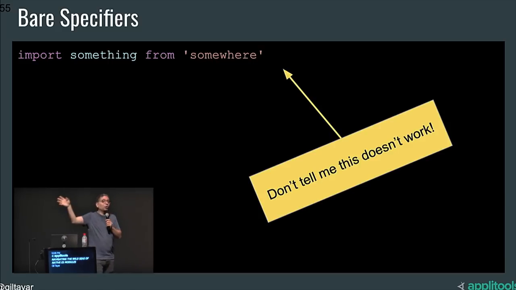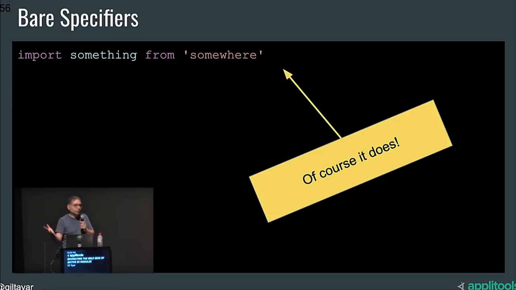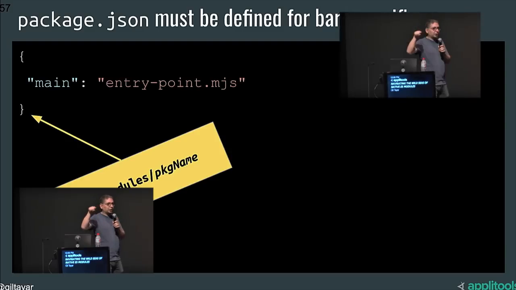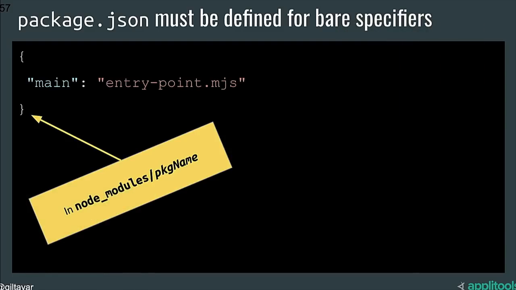Import something from lodash or from whatever package it is. Obviously, this works. I mean, if that didn't work, no Node.js program would work anywhere. But you can't use the index.js thing in node modules. So a package has to have a package.json with a main entry point, and you can't rely on index.js.